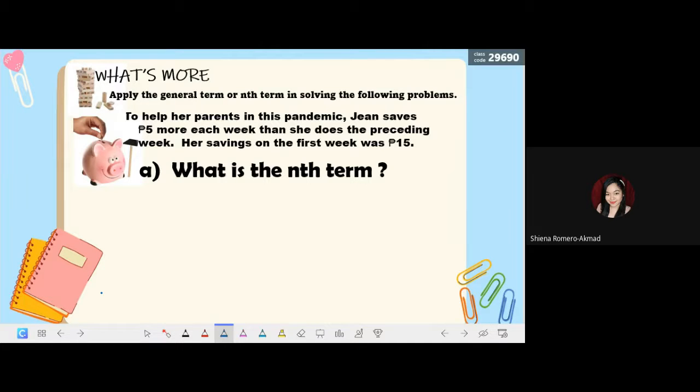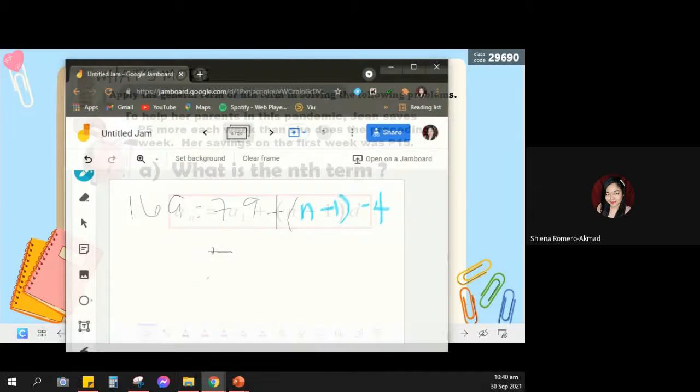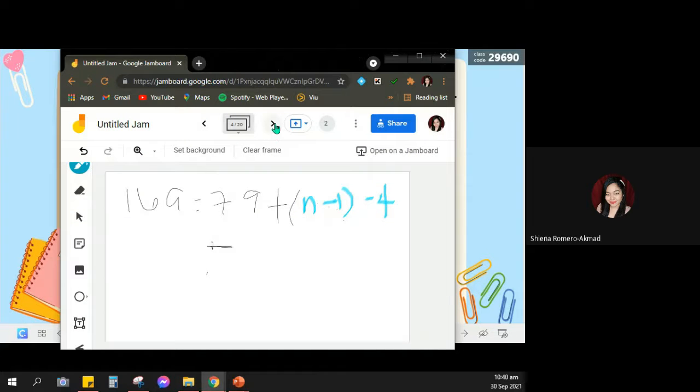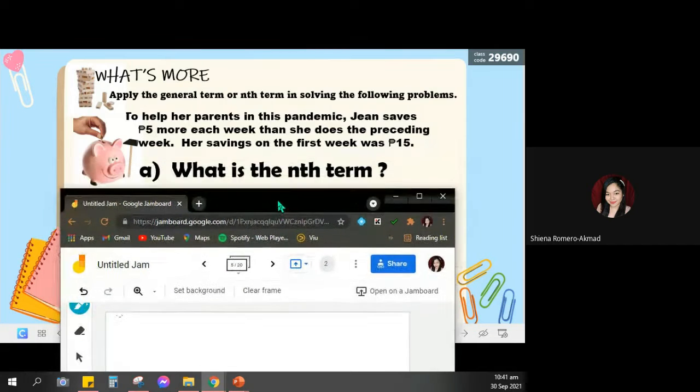Okay nga? How can you find the end term? Di ba? Ano ginagawa natin in finding the end term? Nagsasubstitute tayo dun sa general formula ng ating arithmetic. So, going back to the frame, dito tayo sa 5. Sa 5 ako titingin.